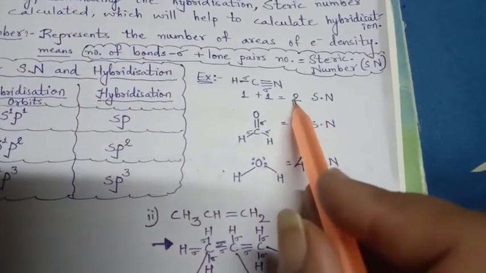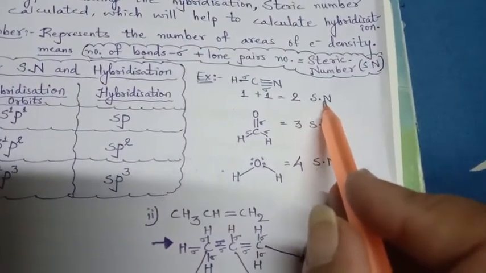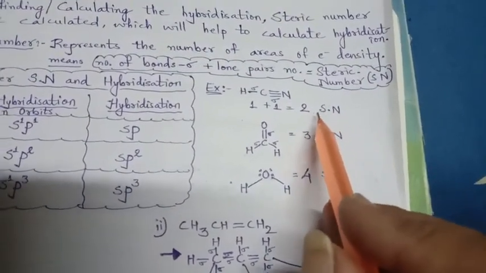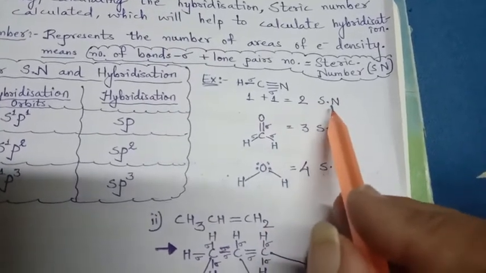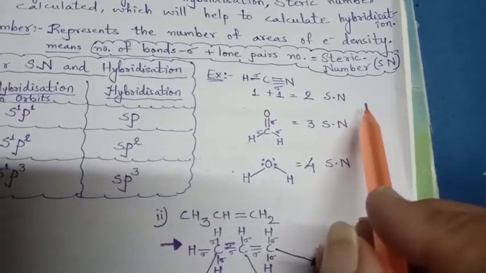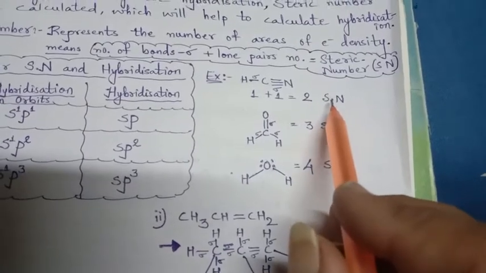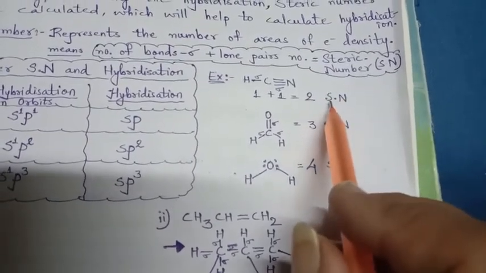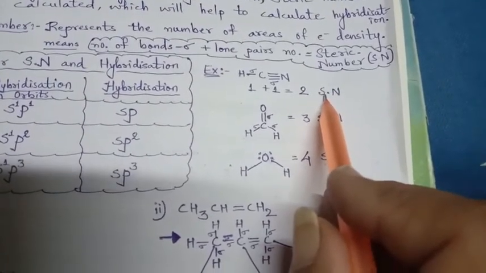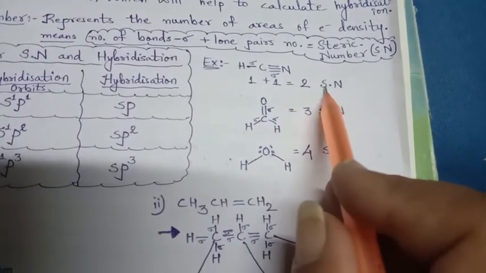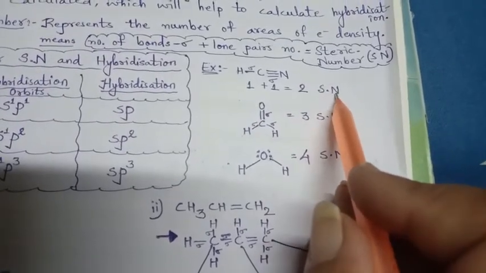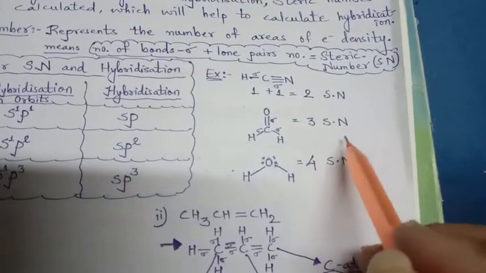Now if the steric number is 2, then in hybridization s will always be there as only 1, because we know s, p, d, f. s has 1 orbital as a suborbit, so it will always take 1. Then p is possible as p, p2, p3.